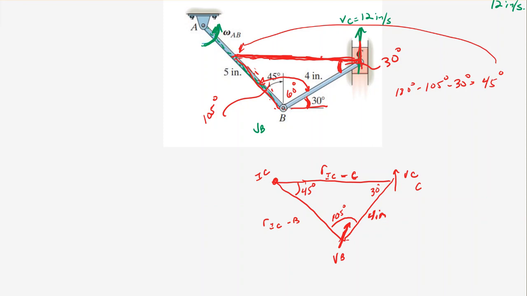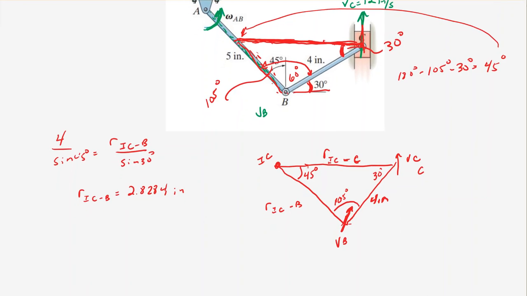So if I know all my angles and I know one side, can't I use the law of sines? So you can say 4 is to sine 45 degrees. And it doesn't matter which one you do first. R of I, C to B is to sine of 30. Okay, so after you solve all this out, R of I, C to B is 2.8284.